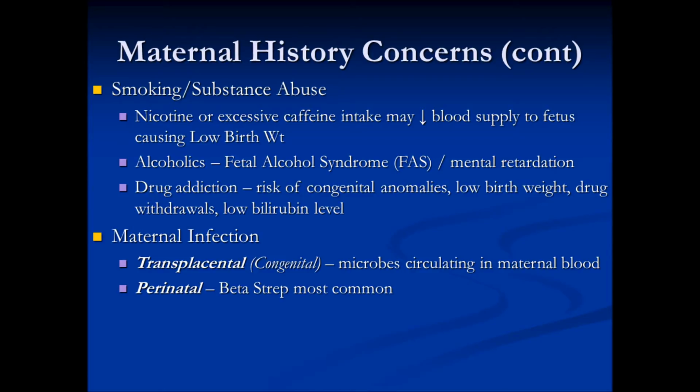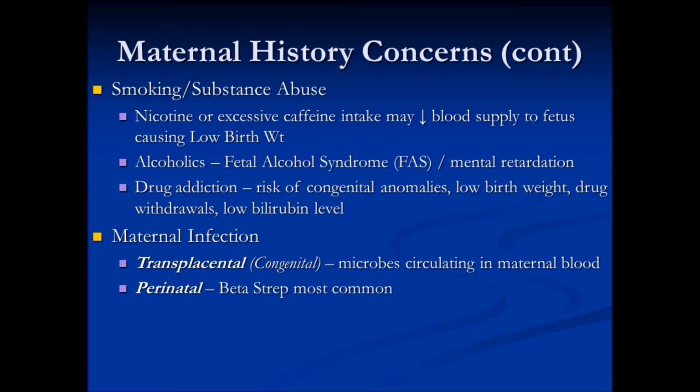Alcoholics, women who drink during pregnancy, baby will end up with fetal alcohol syndrome or FAS, and developmental retardation, possibly. Drug addiction, risk of congenital anomalies, low birth weight, drug withdrawals, and low bilirubin levels are all things that are seen when mom was on some type of drug during the pregnancy.